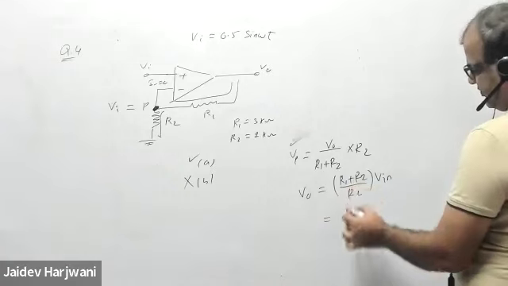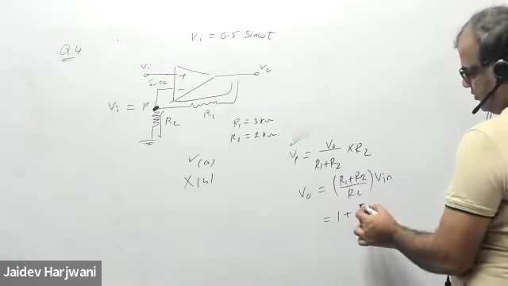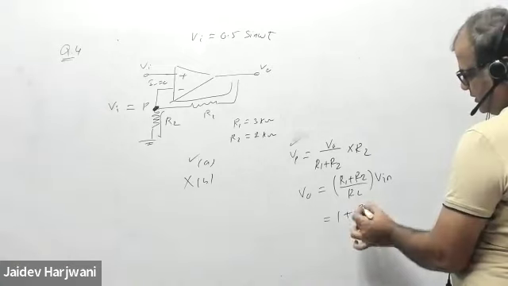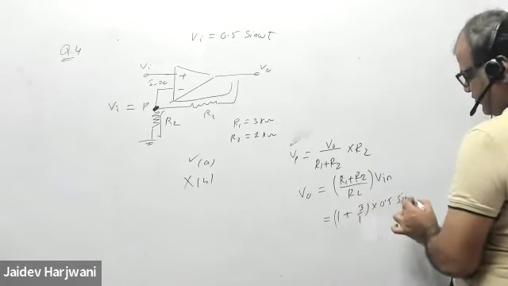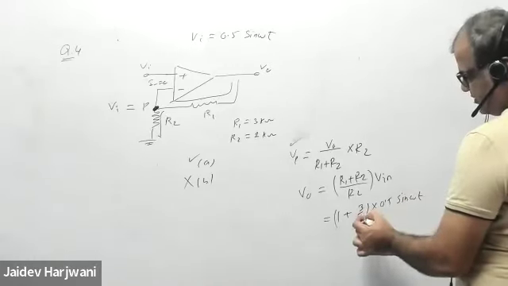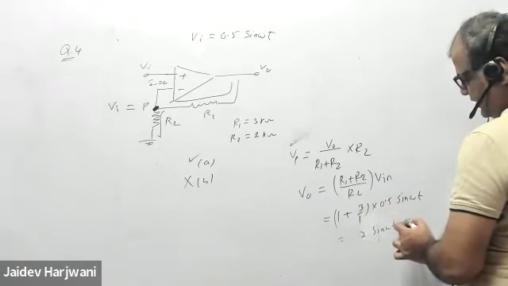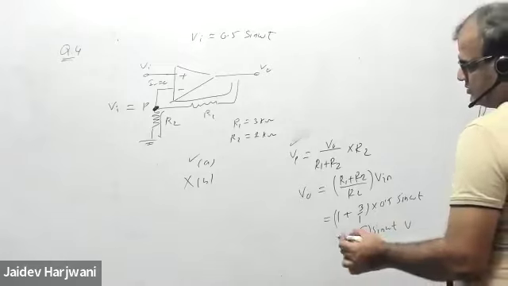R1 is 3 and R2 is 1, and V input is 0.5 sin omega t. So this becomes 4 into 0.5, which is 2 sin omega t volts, and 2 is the amplitude. So option C is correct.